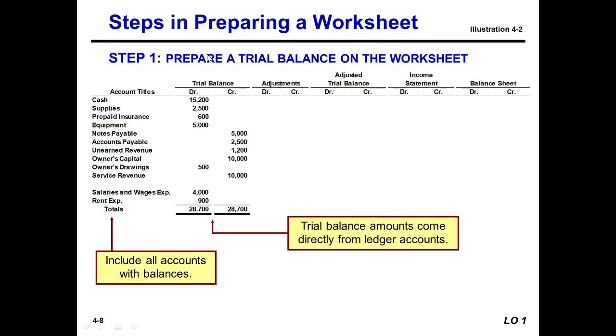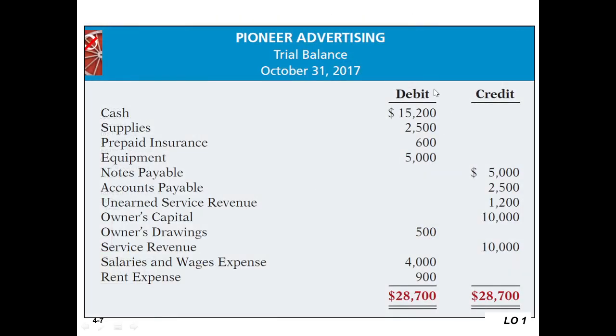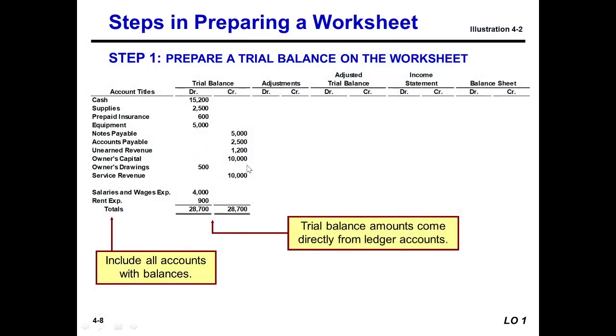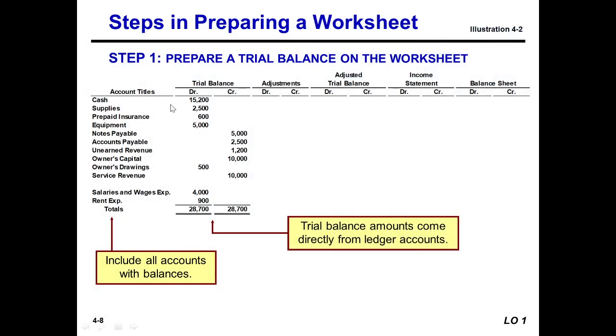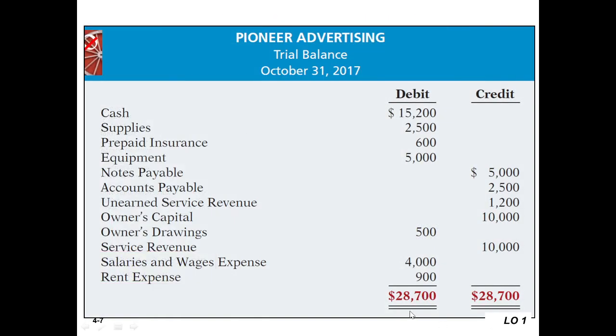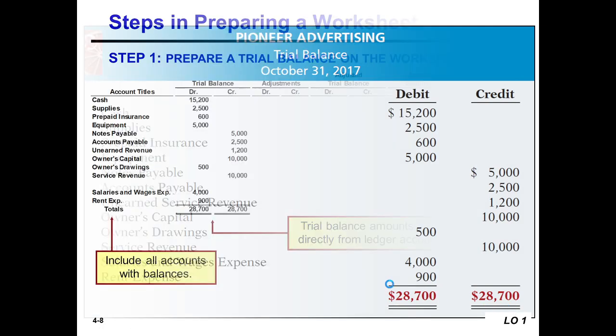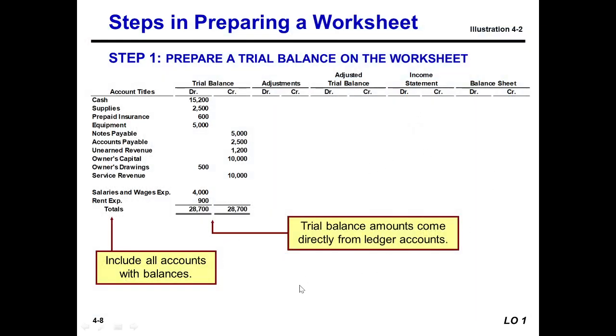This is prepare a trial balance on the worksheet. That means this trial balance comes from here; it is the same trial balance and includes all accounts with balances. Please look here, 28,700, the same figure. Trial balance amounts come directly from ledger accounts.